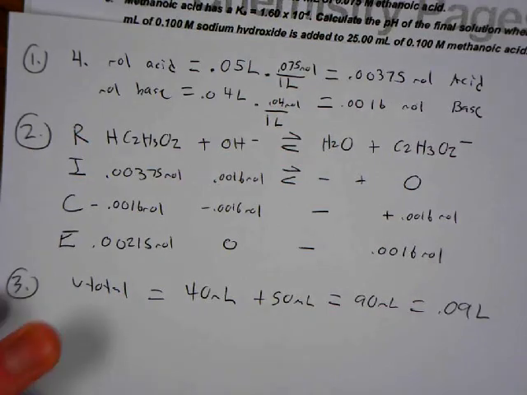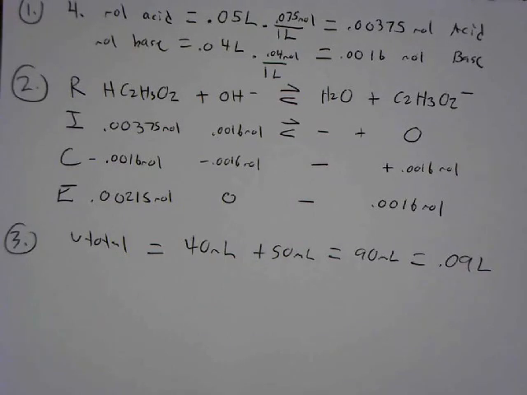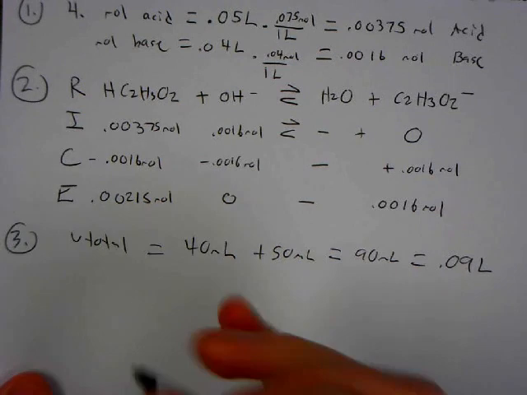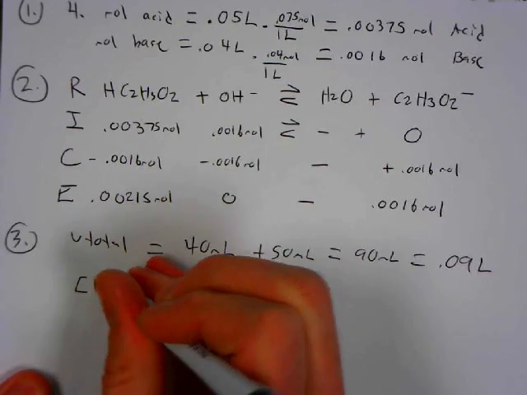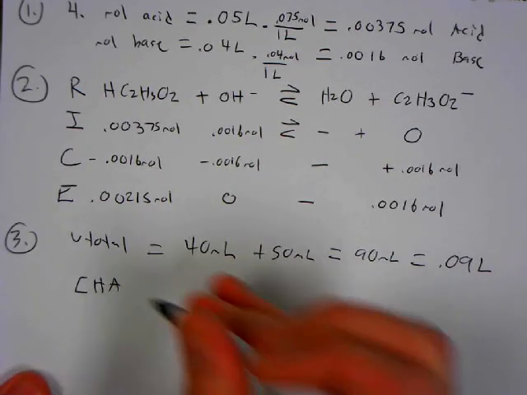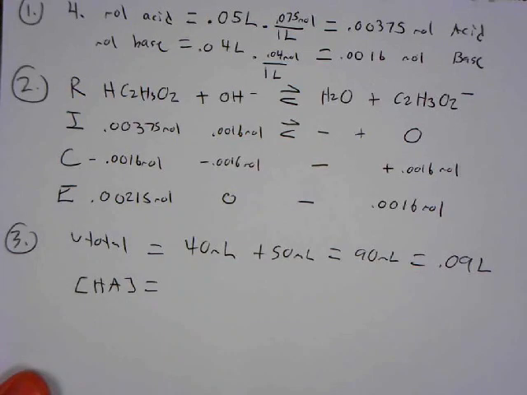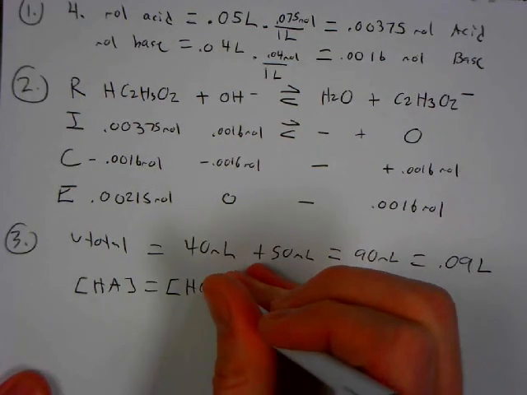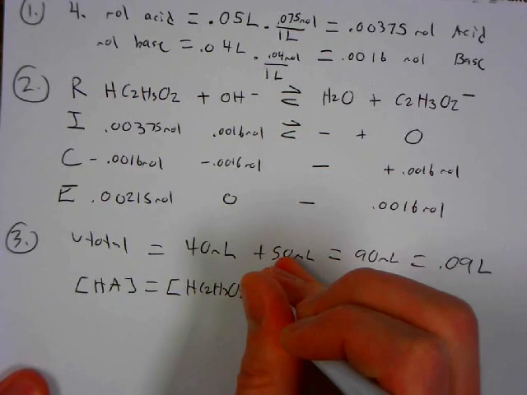Step 3 is now to figure out total volume. So V total is going to equal 40 milliliters plus 50 milliliters, because I'm adding these together, which equals 90 milliliters, which is equal to 0.09 liters. So now I know my concentration at equilibrium. Agreed?